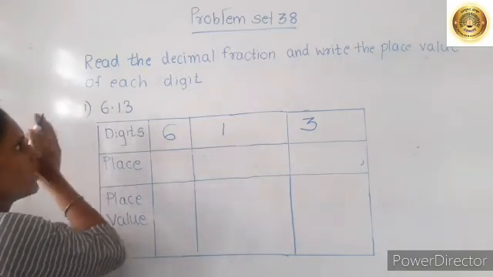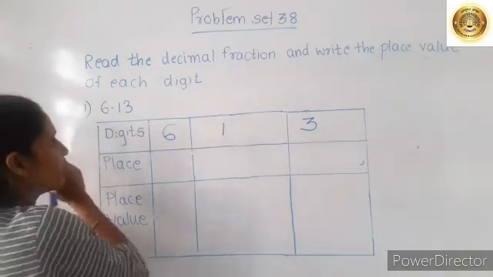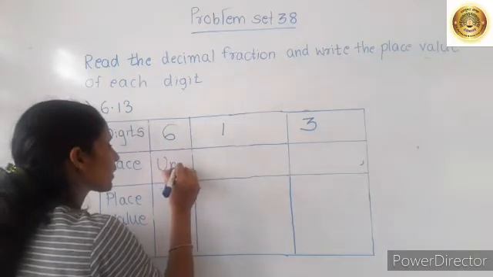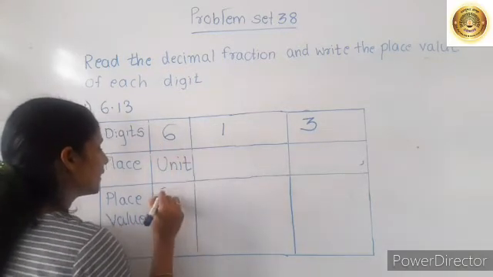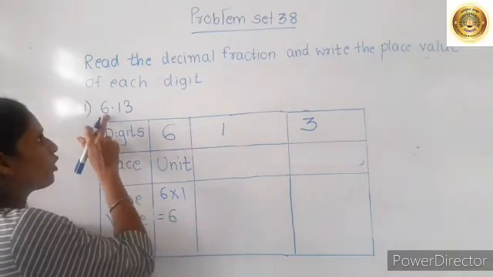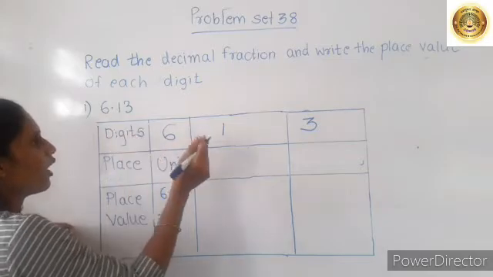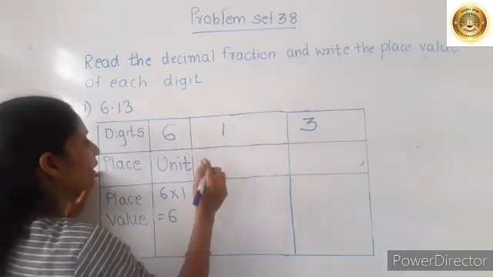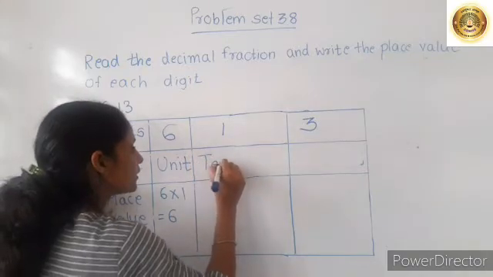Now place value of 6. It is left of the decimal point. So 6 is in the units place. So 6 into 1 is equal to 6. Place value of 6 is 6. Now the next digit is 1. So what is the place? It is tenths.